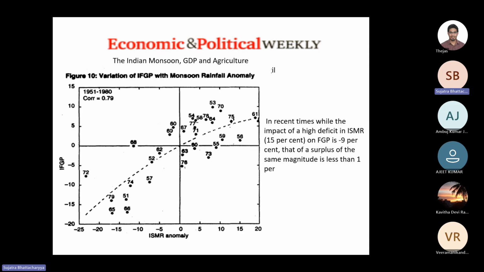When it's above normal, it doesn't increase. That's partly, I think, our problem. The good monsoon years we're not fully able to utilize. In the bad monsoon years, because 50% of the food production is rain-fed, we suffer heavily. That is the reason why this curve goes this way. But still, one has to ask why we're not able to utilize the high monsoon years.